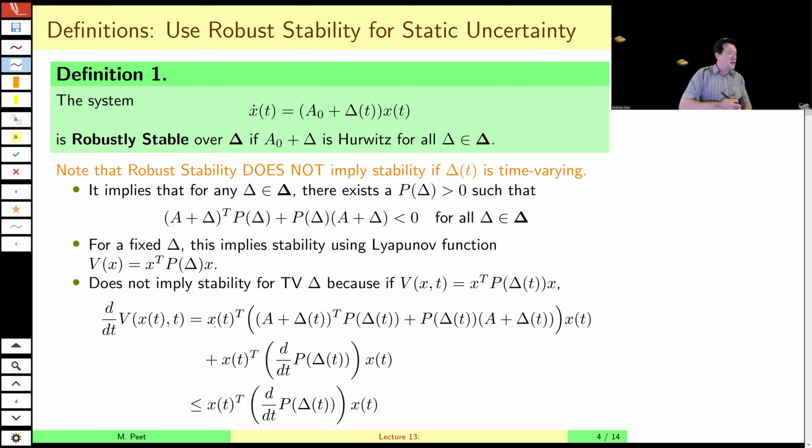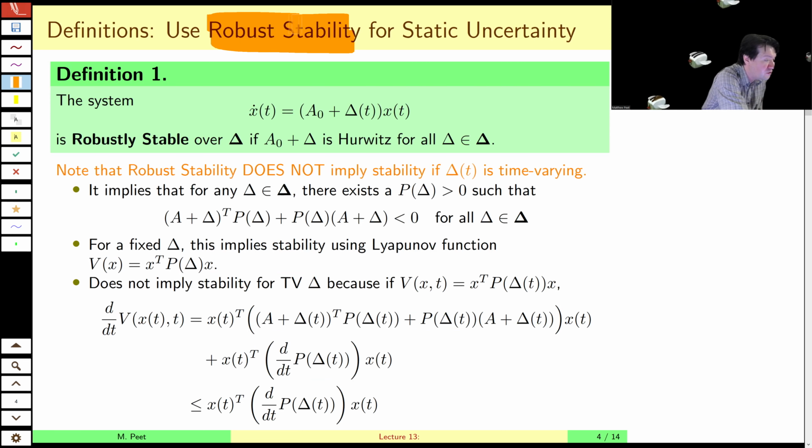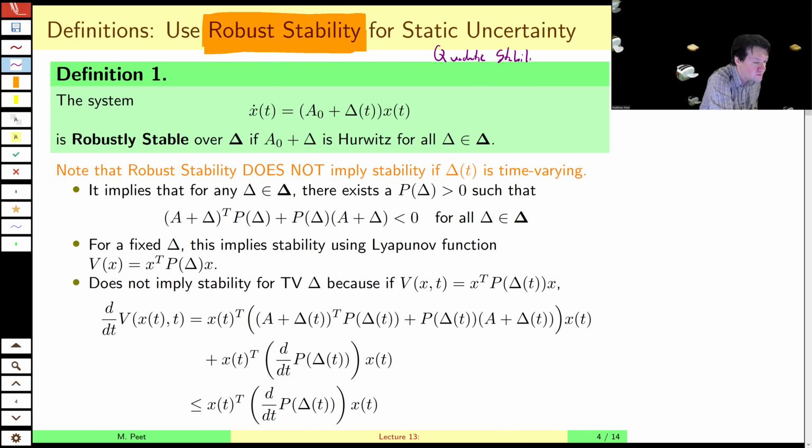Right. So the first big concept that we're going to talk about in this lecture is that of robust stability. The second one, by the way, is quadratic stability. But not in this slide, of course. Robust stability and quadratic stability are, I would call them, labels.